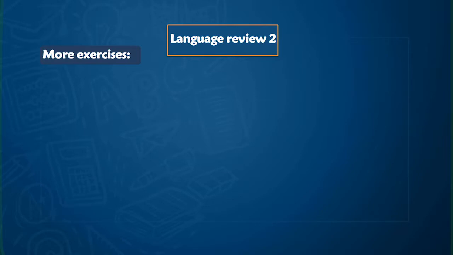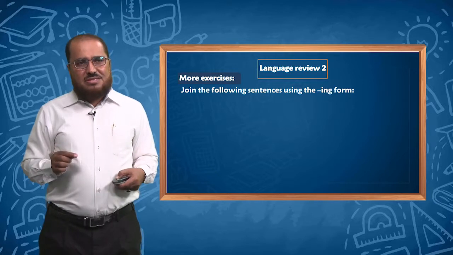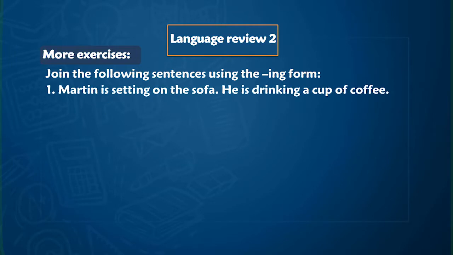Now more exercises, and let's see. Join the following sentences using the ing form. Number 1, Martin is sitting on the sofa. He is drinking a cup of coffee. Yes, two correct sentences. But as a description, there is a pause between them. This pause scatters or separates the picture in the reader's mind.